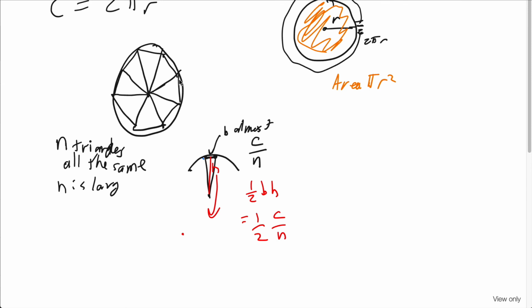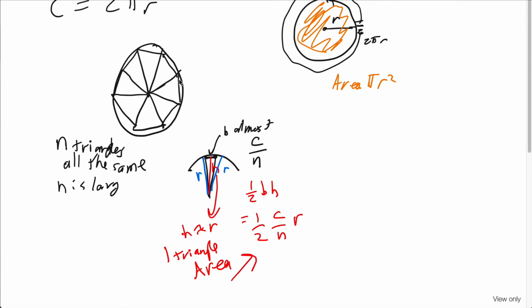All these nice blue, blue, blue. The blue ones are r, the radius. And so the height is almost the radius. Awesome. So it's 1/2 circumference divided by n times the radius. So that's one triangle area.